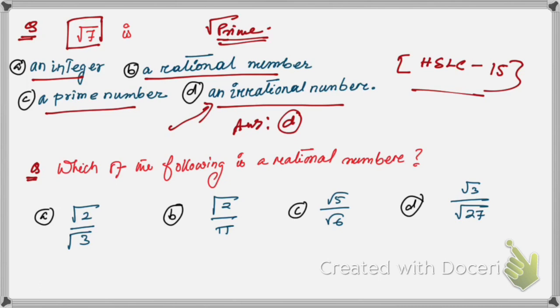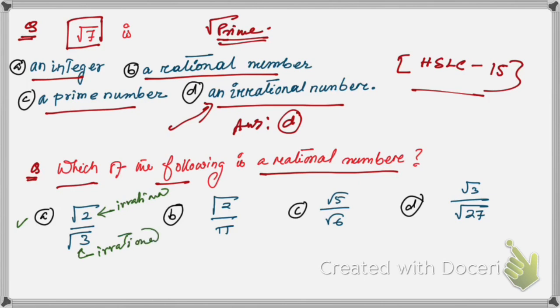Remember that. Now, which of the following is a rational number? Here we need to check which of these 4 options is rational. Root 2 by root 3: root 2 is irrational, and root 3 is also irrational. So as a whole this number is irrational.